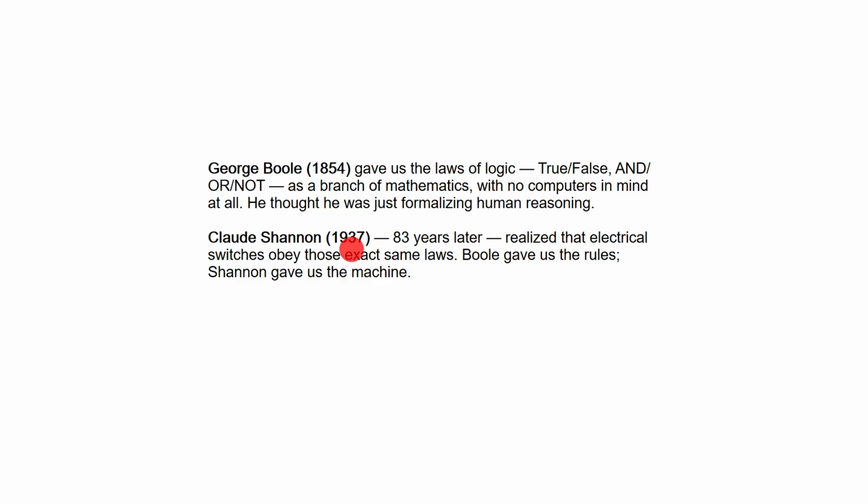And then years later, 83 years later, in 1937, Claude Shannon realized that electrical switches obey those exact same laws that were stated by George Boole in Boolean logic, since we have electricity as either on or off. Boole gave us the rules, and Shannon gave us the machine, which is the computer.